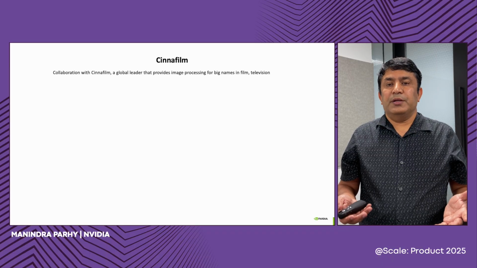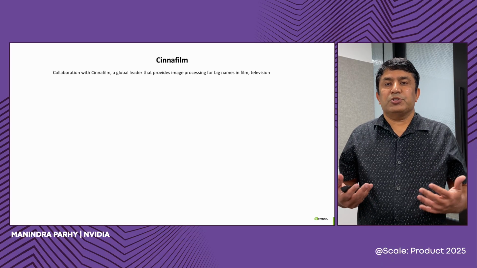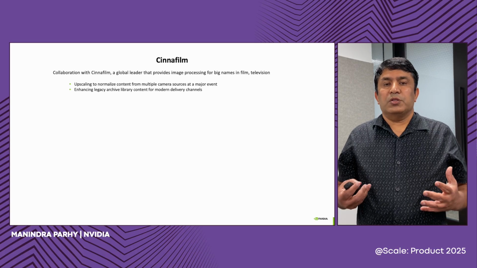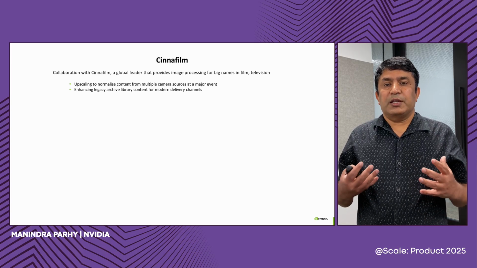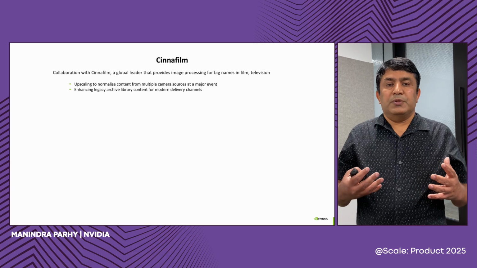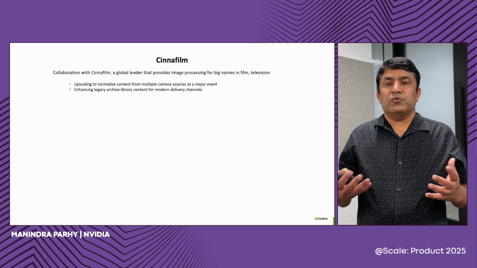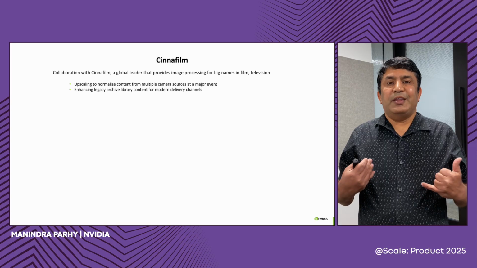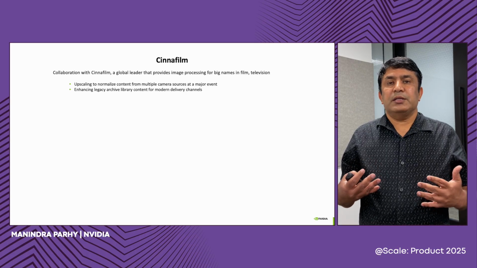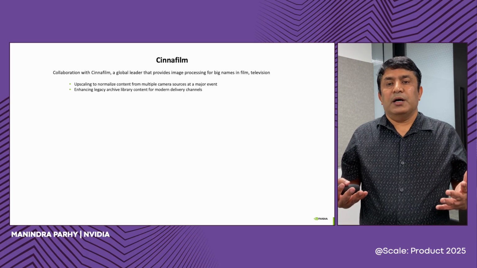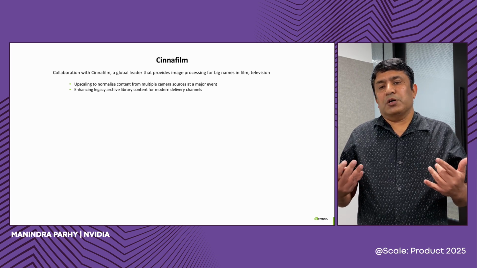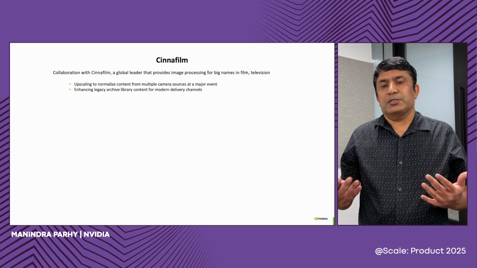They are a global leader providing image processing solutions to big names in film and television. They are using our RTX VSR technology to improve the content from multiple camera sources at major events, or enhancing legacy video libraries and making them ready for modern delivery to the TV channels.